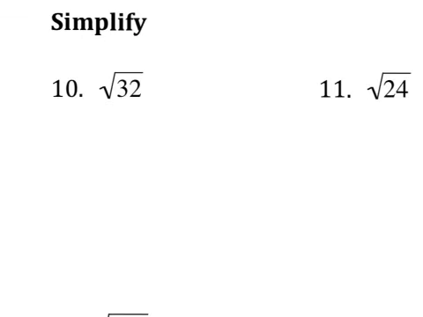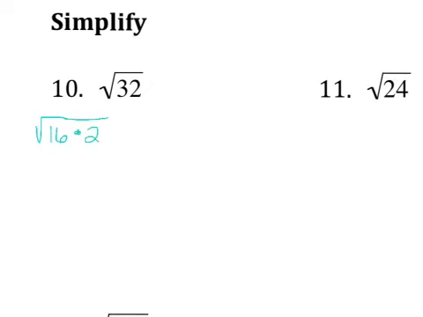Let's take a look at how we can use that product property to help us simplify numbers that are inside the radical. If I have the square root of 32, I want to think to myself, what are two numbers that multiply to 32? Well, I know that 32 is the same as 16 times 2.